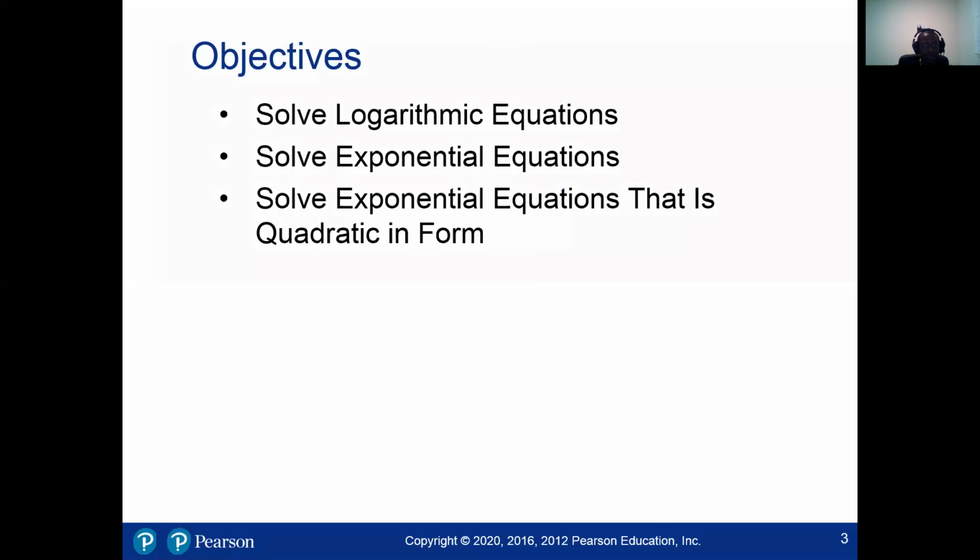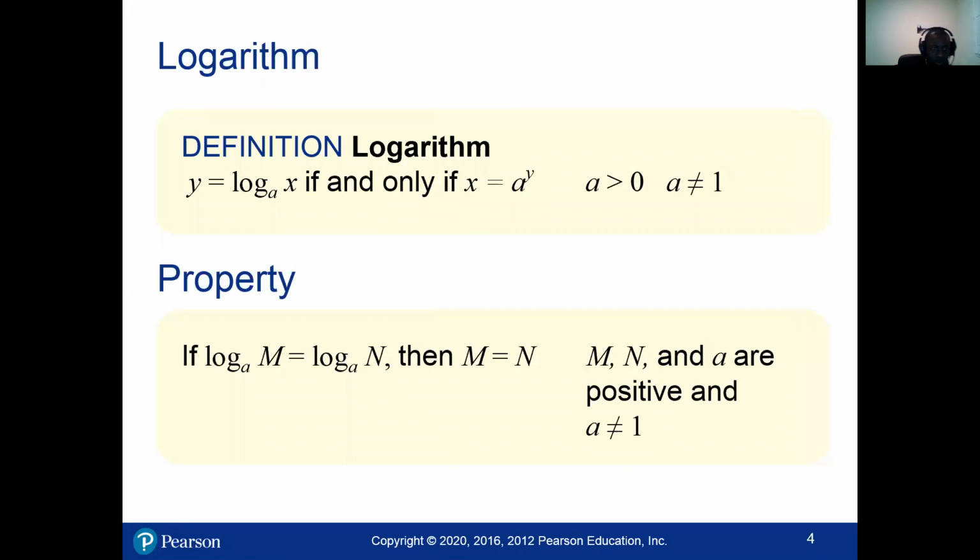Now, here we are just going to review quickly, or remind ourselves of, the definition of a logarithm: y equals log x base a if and only if the exponential a to the y equals x, where a is greater than 0 and a is not equal to 1.